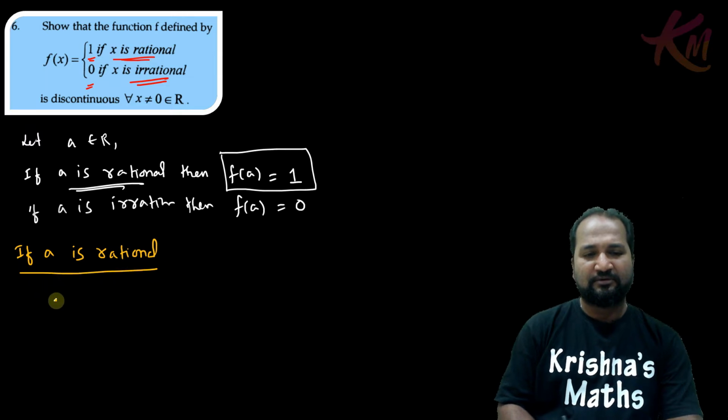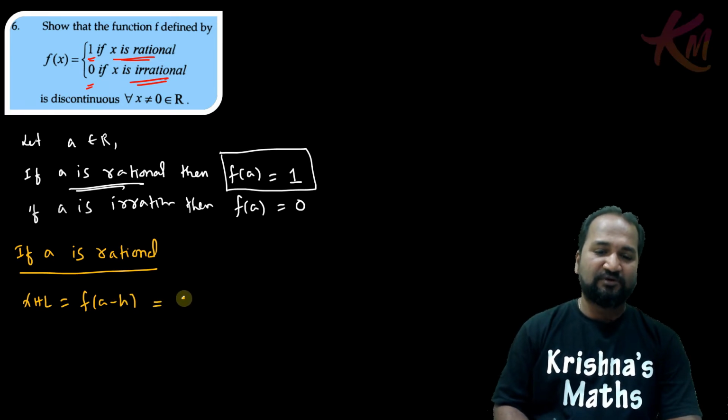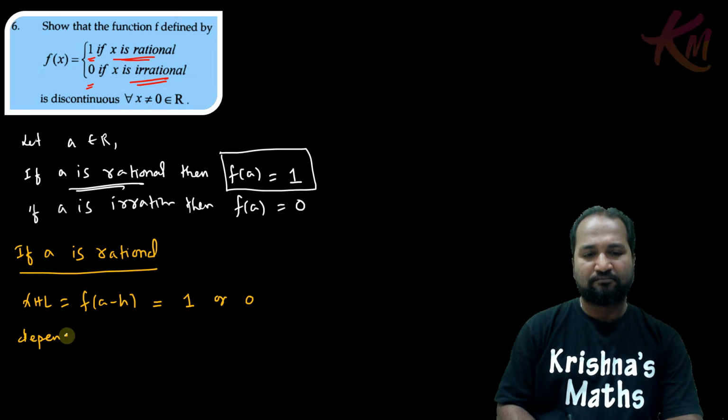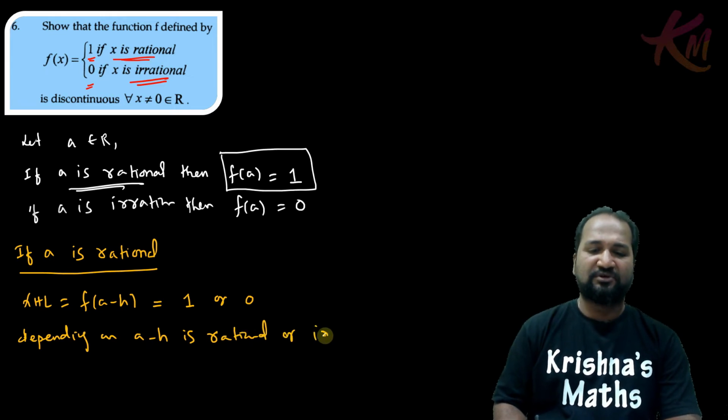the left hand limit is f of a minus h. f of a minus h is equal to 1 or 0 depending on whether a minus h is rational or irrational.